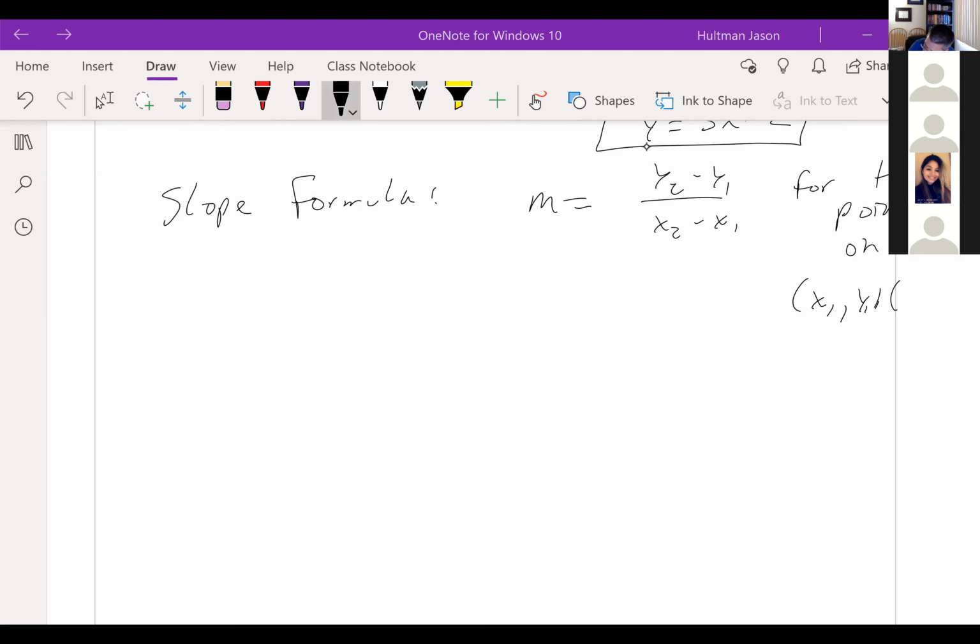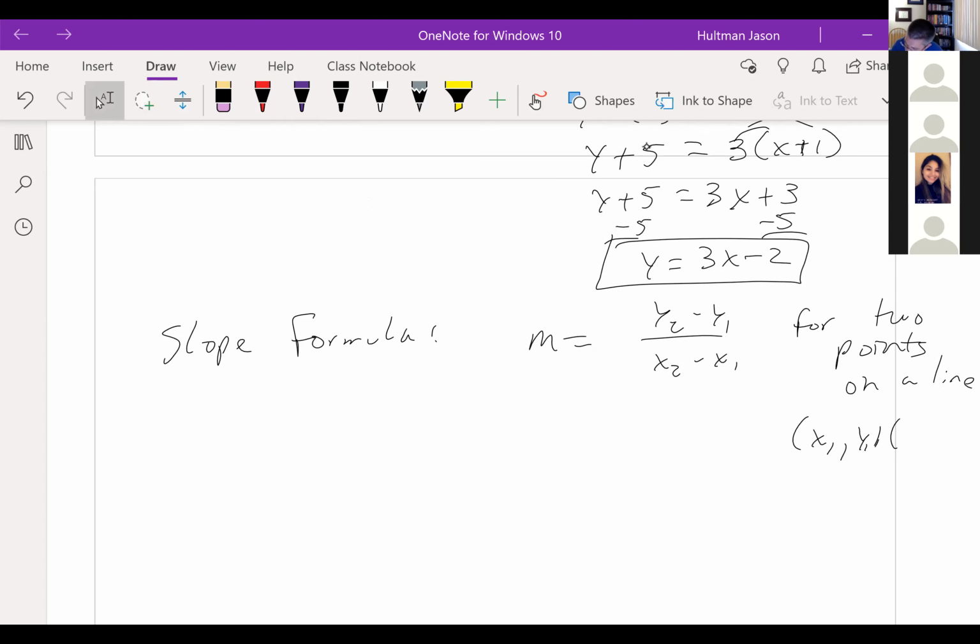Sure. There you go. x1, y1, and x2, y2. Slope formula, for two points on a line.